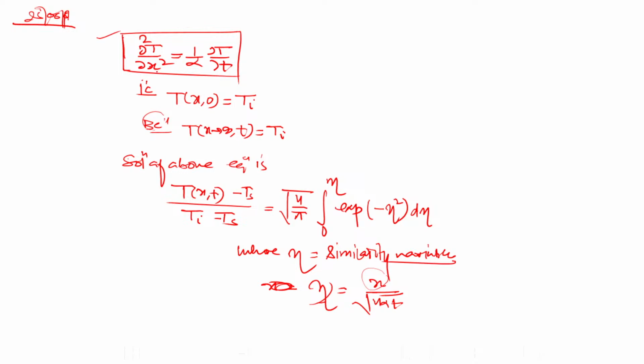Because x and t are the two variables, temperature was a function of x and t, that's why we had a partial differential equation. But if we change x and time into one common variable called eta, then I can change the partial differential equation into an ordinary differential equation. Okay. Clear?